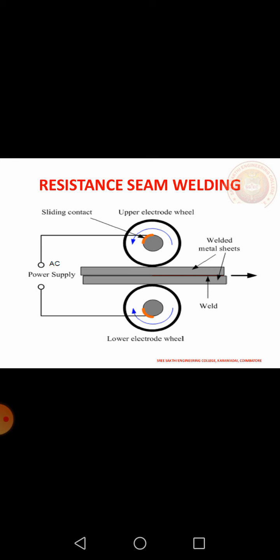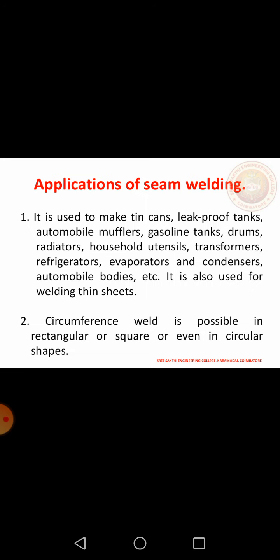High current is supplied through the electrode rollers to melt the edge surface and form the weld. The general applications are given. It is mainly used in manufacturing of tanks, tubes and other articles of steel and non-ferrous metals, which must have airtight joints.